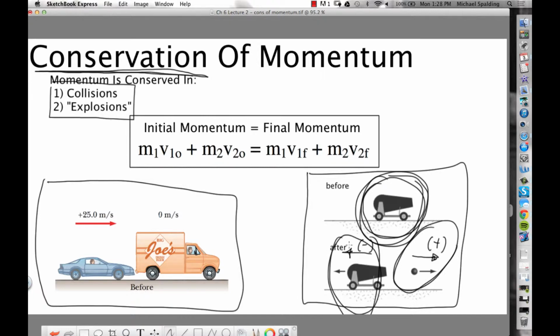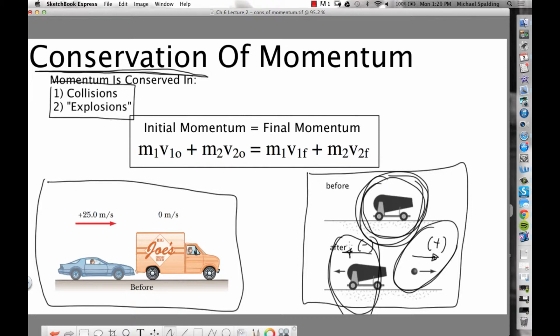Full disclosure: if you walk out to the intersection right out here, Silver Spur and Hawthorne, and you see two cars collide, you'll probably think, oh, Spalding just talked about conservation of momentum, that's awesome, momentum was conserved. But you'd be wrong, because this is really only true if no outside forces are present, such as friction.